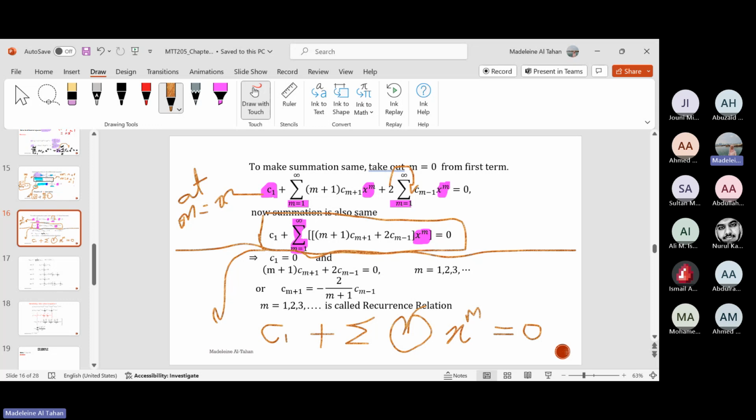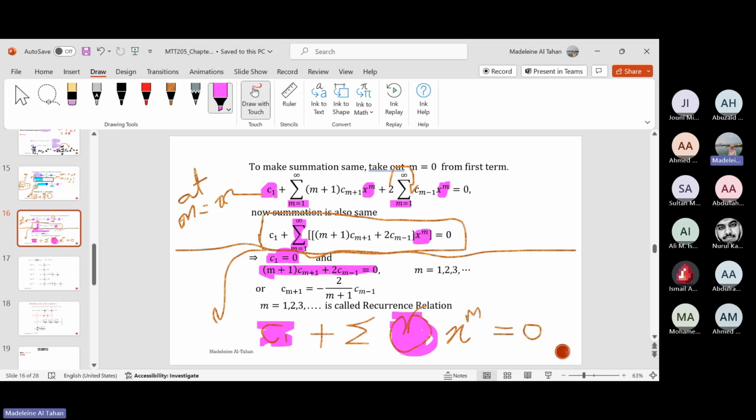The coefficients should be zeros. What are our coefficients here? This is a coefficient, and here we have the other coefficients, right? So each of these coefficients should be 0. So the first coefficient gives c1 equal to 0. The second coefficient we would write: m plus 1, c m plus 1 plus 2 c m minus 1 equal to 0.